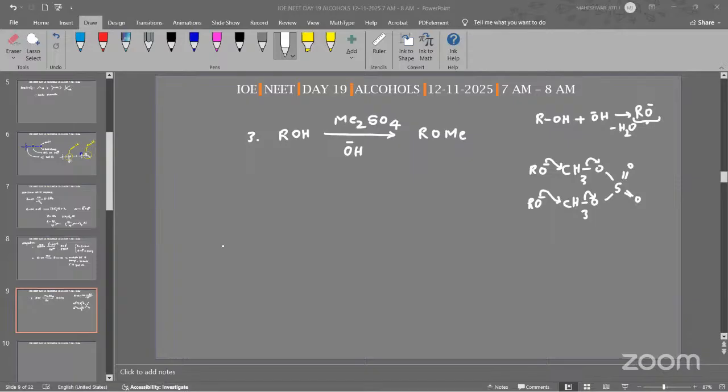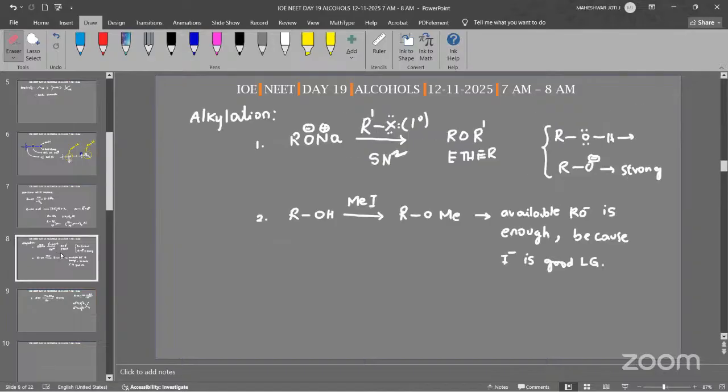Clear? Now, let us take one more alkylation. Directly we can take, in the place of R, methyl, ethyl or propyl. Then treating with Me2SO4, it gives ROMe, right? So the first reaction is reaction with the metals.